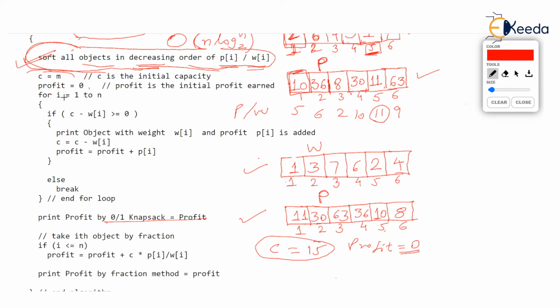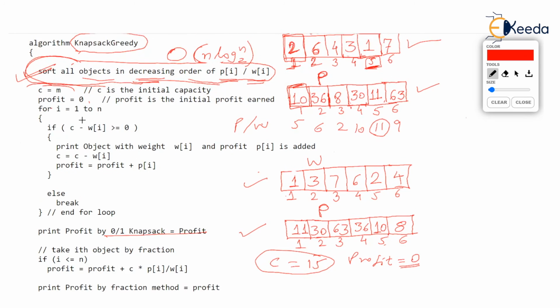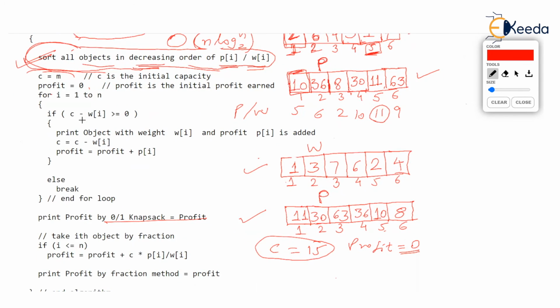Now in the for loop, we ask, can the ith object get added? The ith object can get added only if the capacity remaining minus the weight of that ith object is positive, or it is 0. As you see, the capacity remaining initially is 15. c is 15.